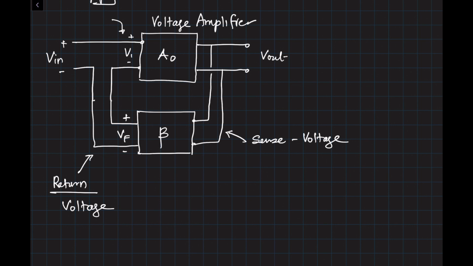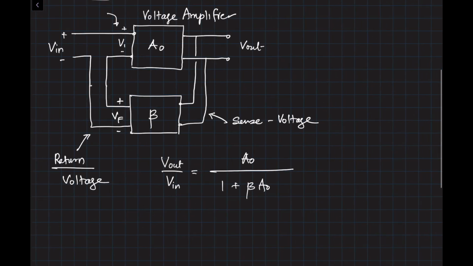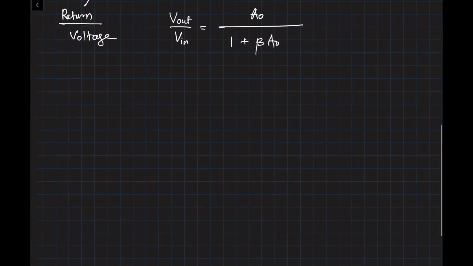Now let's look at the properties of this block. Obviously, you have already looked at this before. Vout divided by Vin is given by A0, the open loop gain of the block, divided by 1 plus beta A0. The key purpose of introducing these various configurations is that the input and output impedance calculations are very different depending upon what you do. So first we will do the input impedance calculation. Let me draw the schematic.